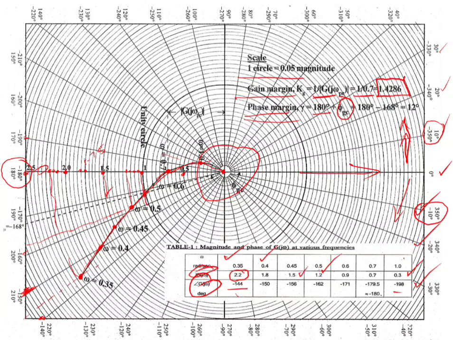The locus cuts this unit circle at this point, and we connect this point and the center point. When you connect and extend this, it gives an angle. That angle is phi gc, the phase angle at gain crossover frequency, and this angle is -168. Substituting in this equation, we get 180 degrees minus 168 is equal to 12 degrees.